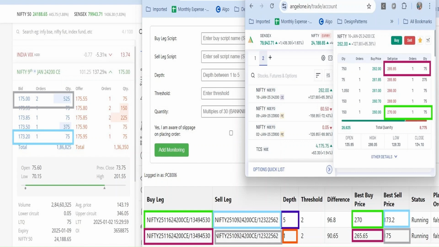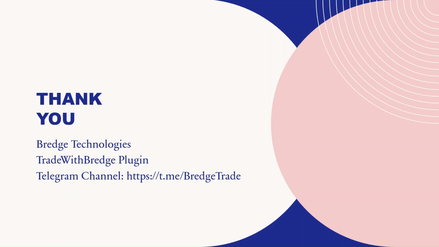So you have to take a middle ground between these, and based on your risk of taking slippage, you can configure it anywhere between 1 to 5. Ideally, it is good to have somewhere around 3. That will be better for taking a trade and having moderate slippage.